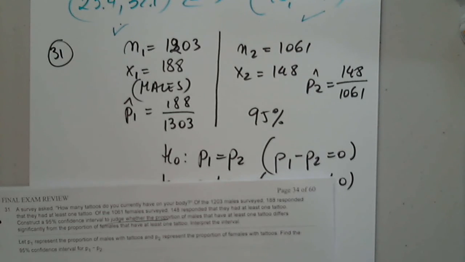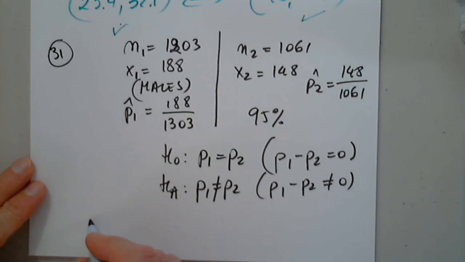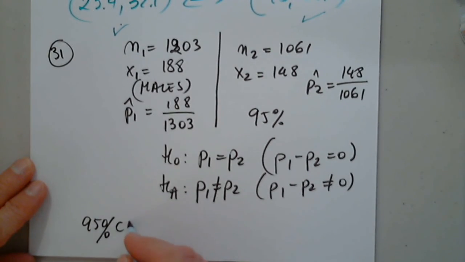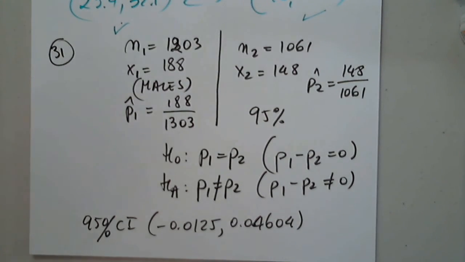And we calculate. Aha! So the 95% confidence interval is negative 0.0125 and 0.04604. You understand that this is the difference between the two proportions.